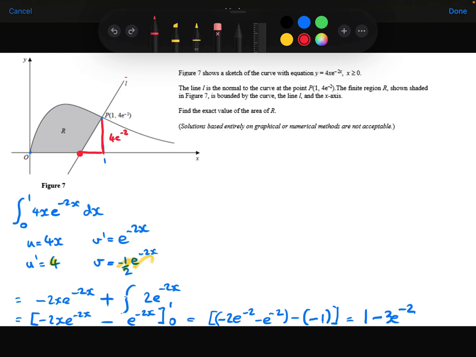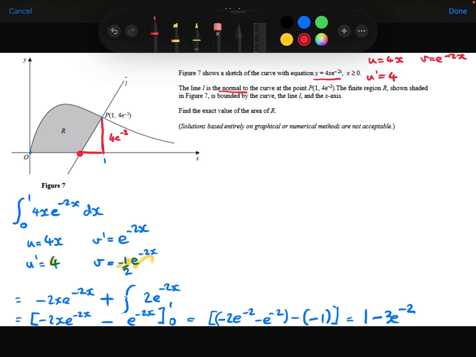Now, line L is the normal to the curve. So if I differentiate my curve, then I can get the gradient function, and then I can work out the equation of the normal. Now, to differentiate this, we need to use the product rule. So I'm going to say u is equal to 4x, and v is equal to e to the minus 2x.